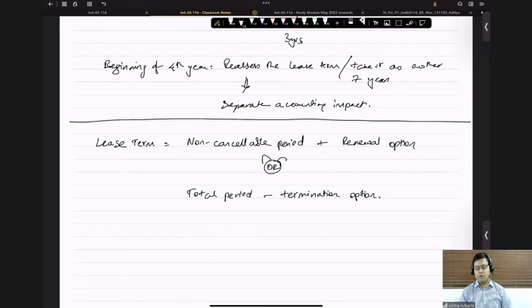Either of the two. It will be either non-cancelable plus renewal or total minus termination.